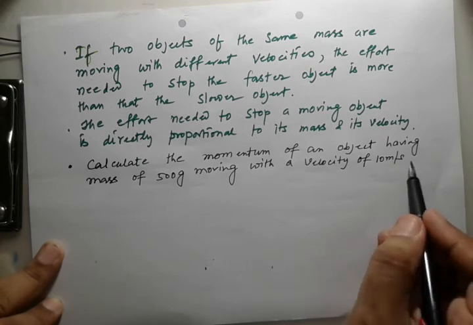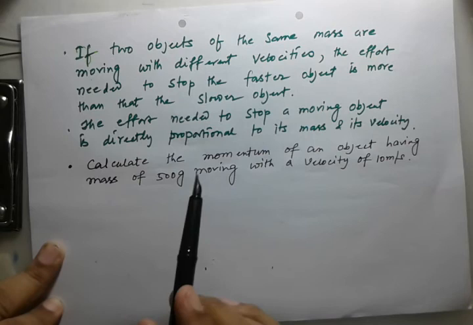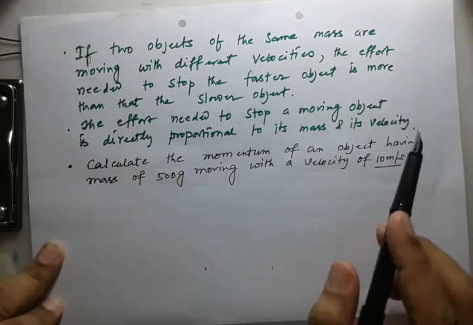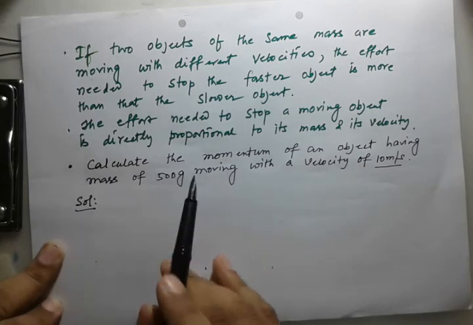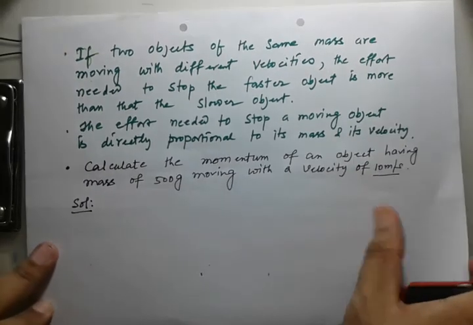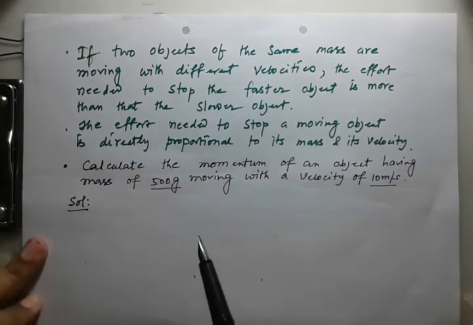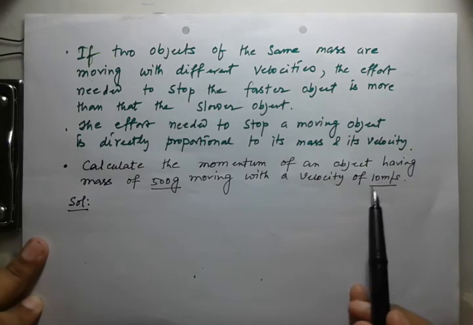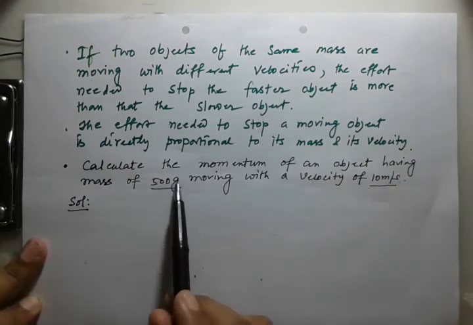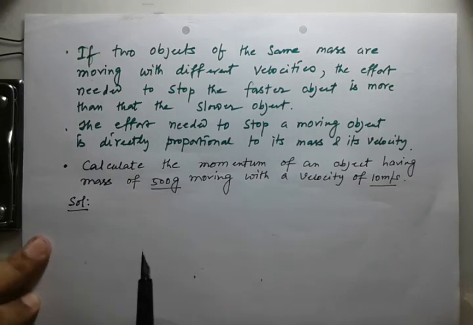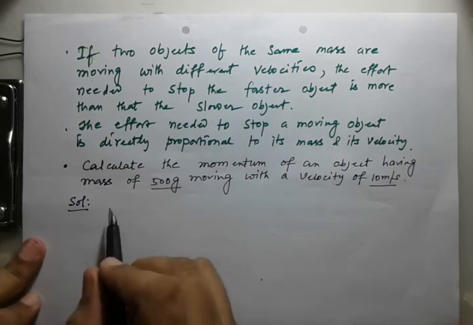10 meter per second. So to find the momentum of the object moving with 10 meter per second, in the solution first you have to convert all the units into the same unit. Gram is not the SI unit, but velocity is given in SI unit, 10 meter per second. So first you have to convert gram into the SI unit.